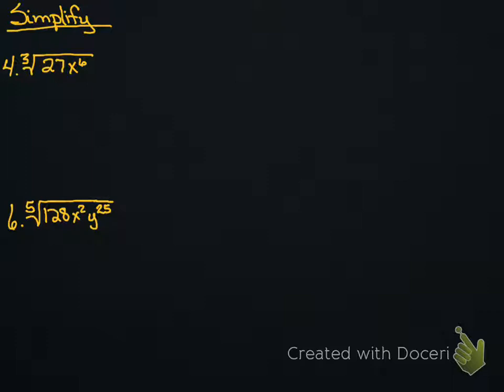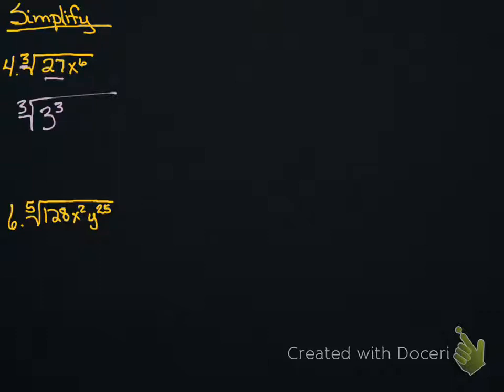This next one, the set of instructions says to simplify. Number 4 is the cube root of 27 x to the 6th power. So I'm going to look at 27, and to get that into an exponent that matches my index number, I need to get that to a number that is cubed. So 27 is 3 cubed.